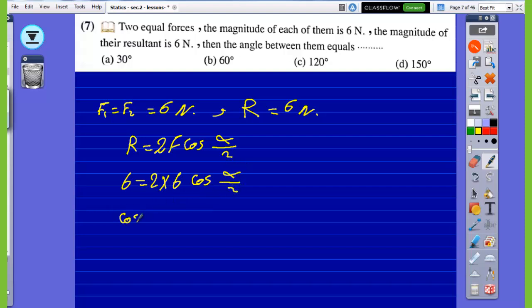So cosine alpha over 2 equals 6 divided by 12, which equals half, and we can deduce that alpha over 2 equals 60 degrees, and then alpha equals 120 degrees, and your choice will be C.